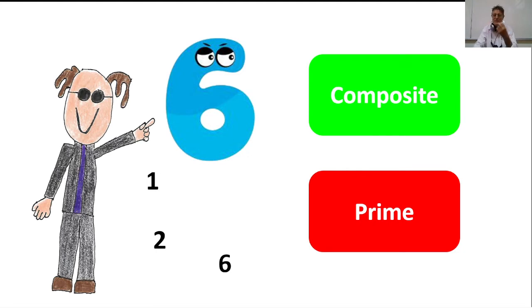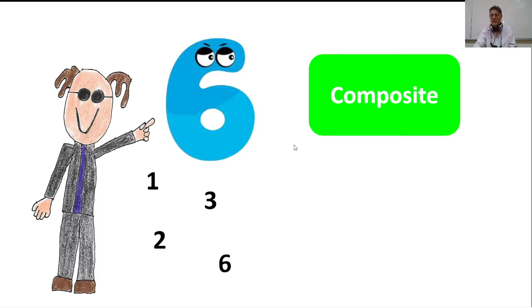Yes, of course. 6 divided by 2 equals 3. 6 divided by 3 equals 2. So 6 is a what? Composite or prime? It is a composite number.